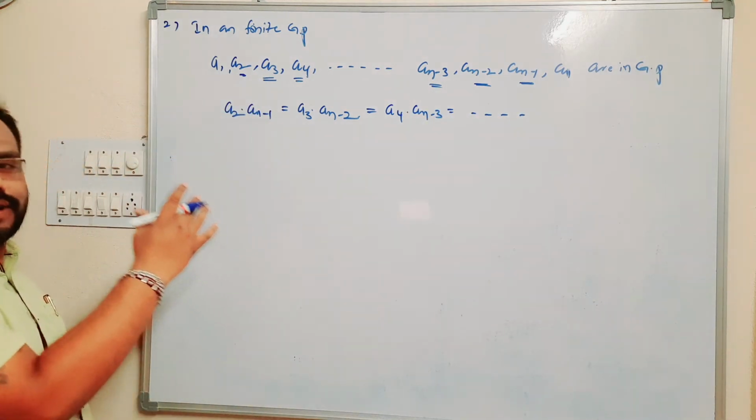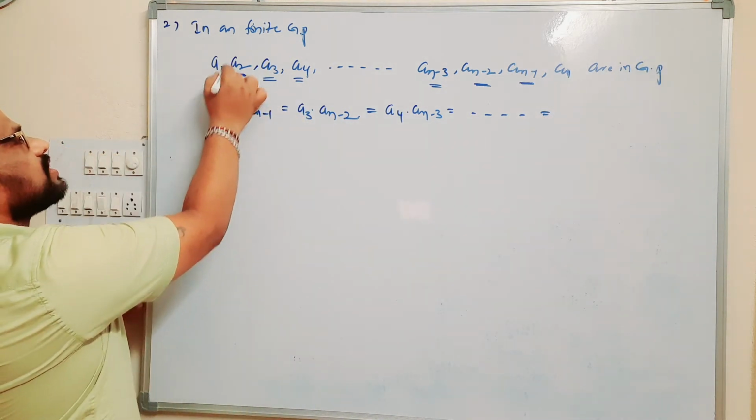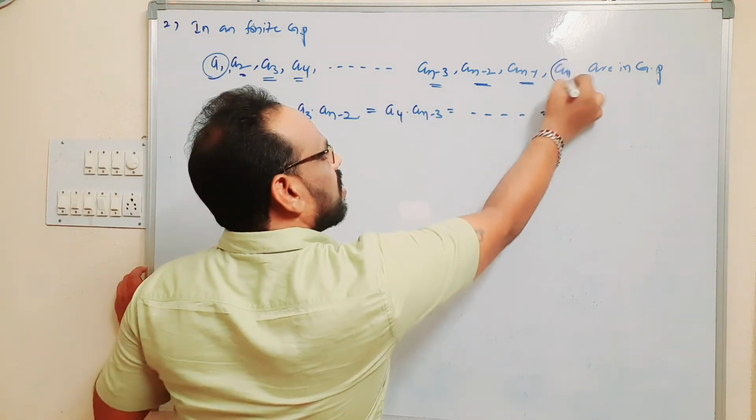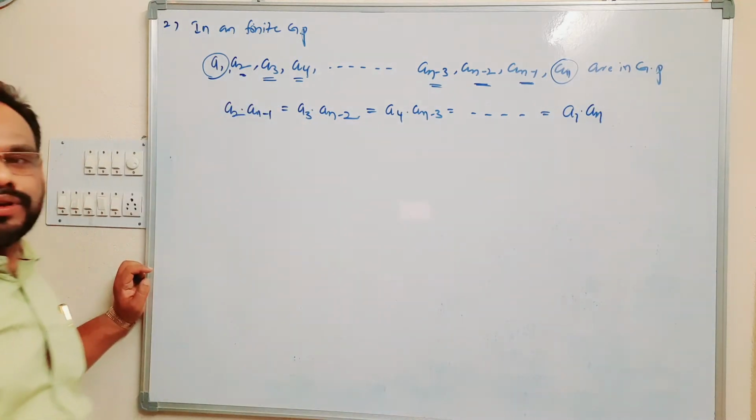It is equal to the product of the first term and last term, that is a1 into a_n.